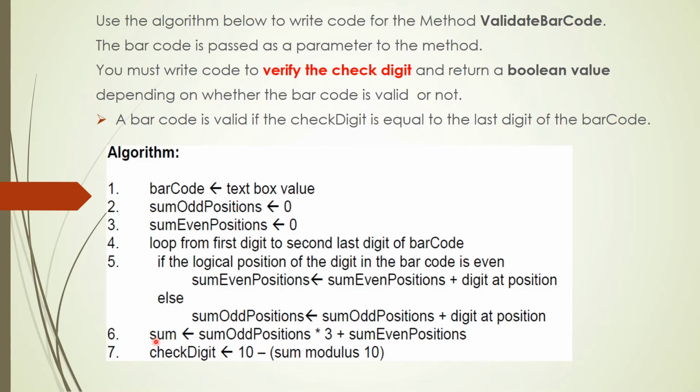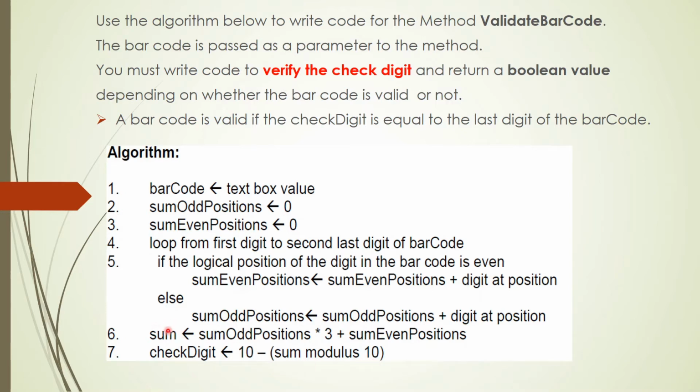You will then calculate the total or sum, which is assigned SumOddPositions, your sum of your odd positions, multiplied by 3 plus your SumEvenPositions that you're getting from here. You would then calculate your check digit, which is calculated by 10 minus the sum modulus 10.